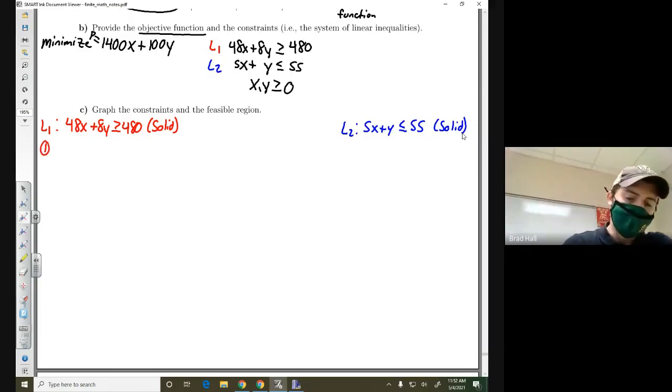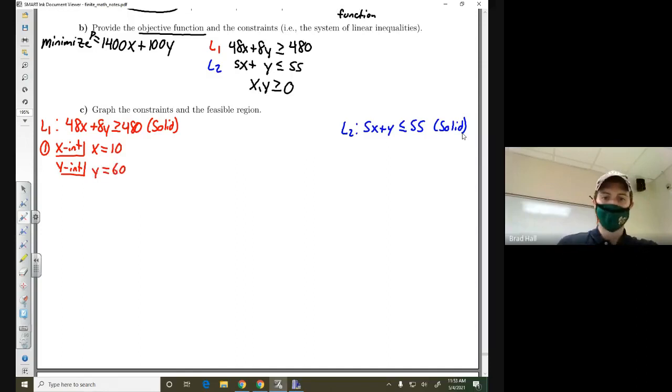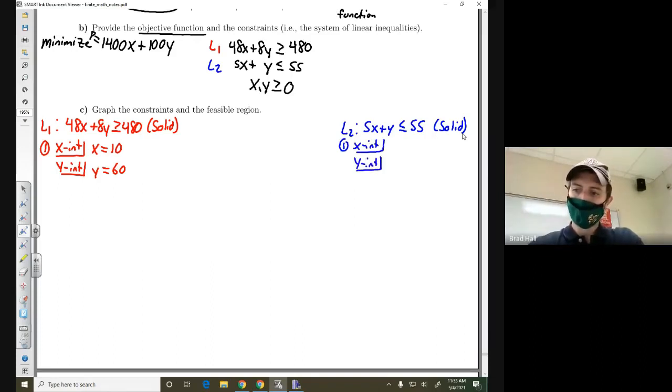So let's go ahead and find the intercepts. Again, I'm going to breeze past the intercepts. X is 10, y is 60. And on the other side, x is 11, y is 55.